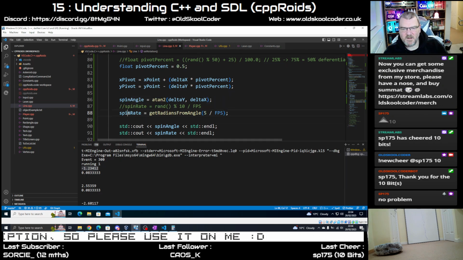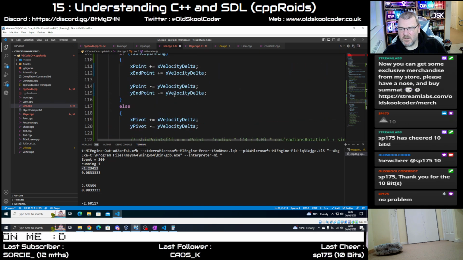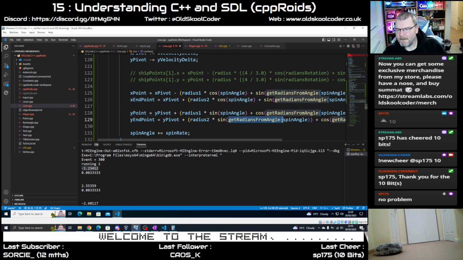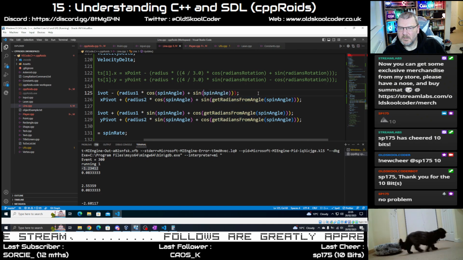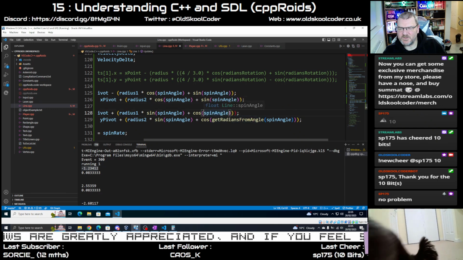So that's going to give us our radian value. So when we do our calculations here, we don't need to do this get radians. That's probably why it was flat, because I was treating it as degrees.